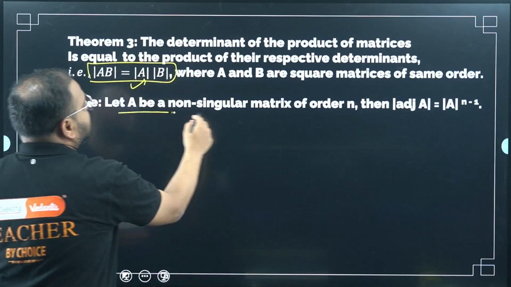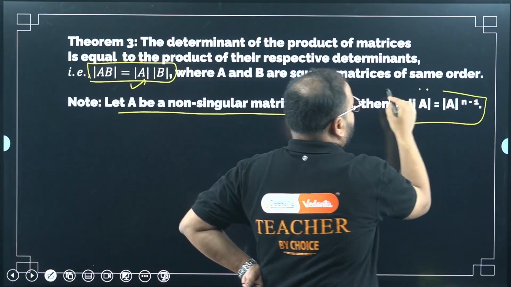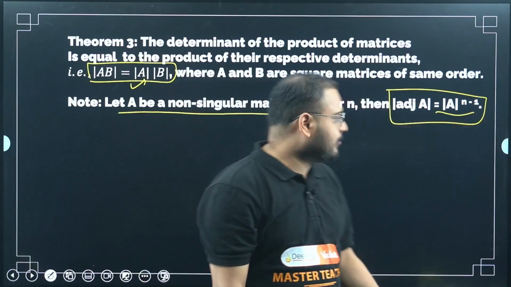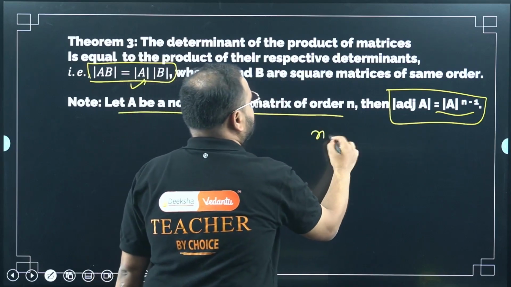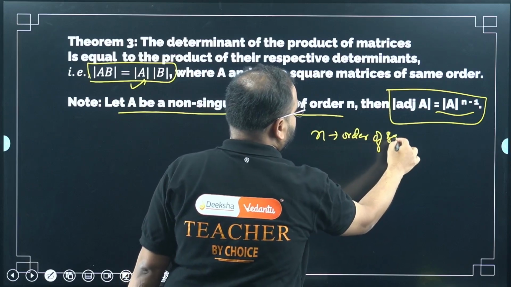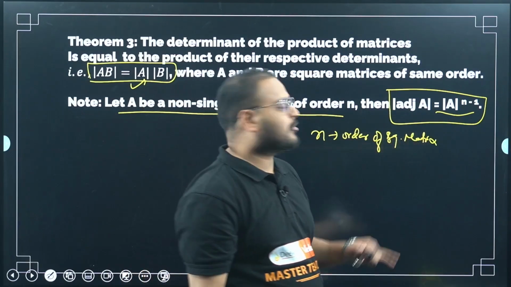Now what about this? If A is a non-singular matrix of order n, then if you find the determinant of adjoint A, it will simply come as determinant of A to the power n minus 1. What is n here? N is the order of the square matrix. So what is it saying?